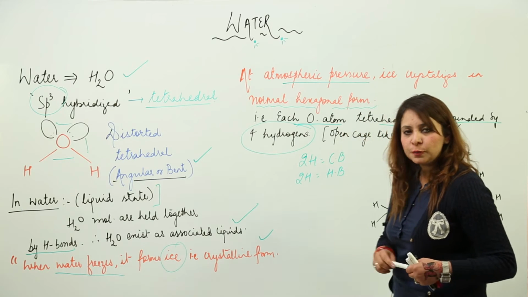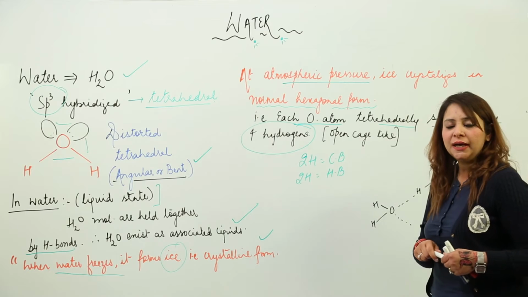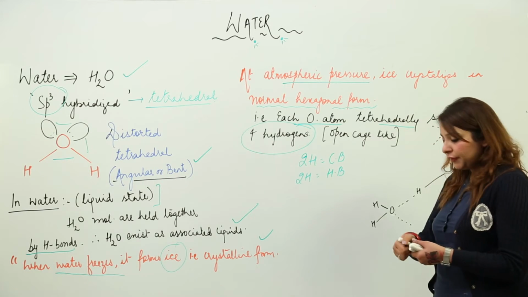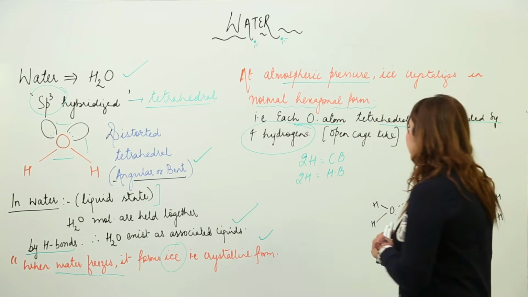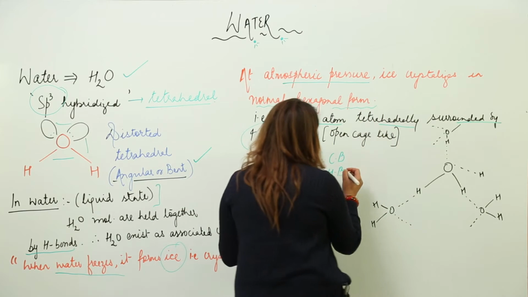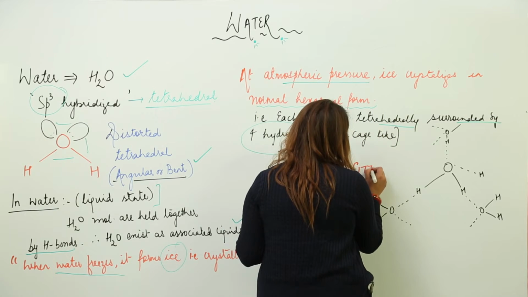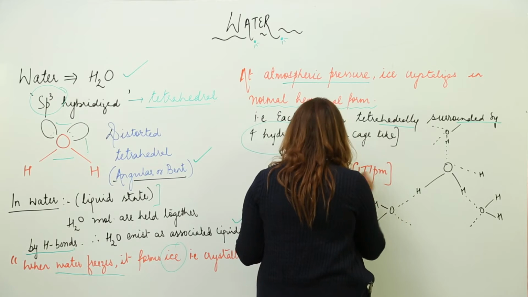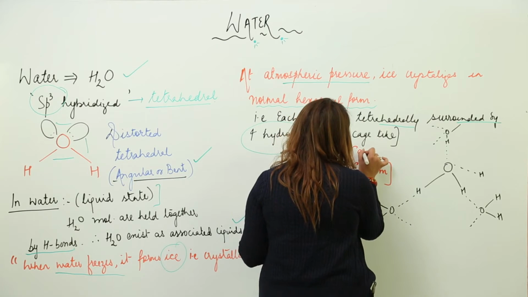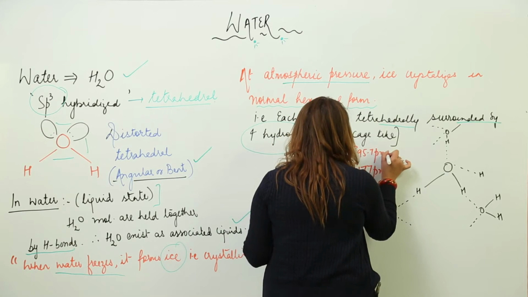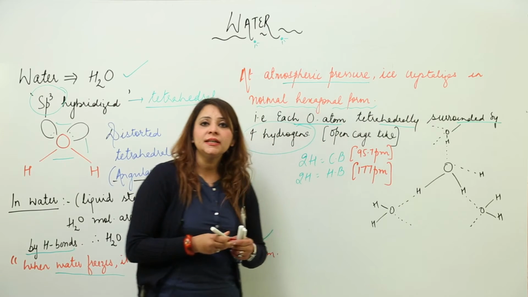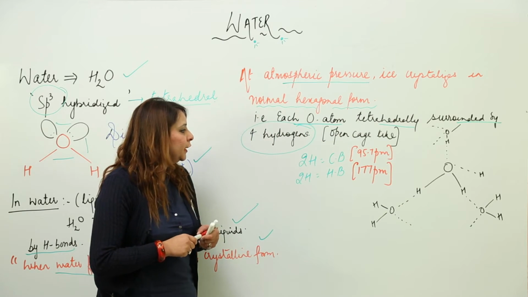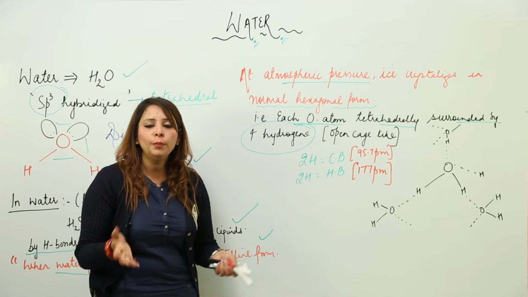And if we talk about the bond length, the bond length in hydrogen bonding is around 177 picometer, and in covalent bonding it is 95.7 picometer. So as you can see, the bond length of the hydrogen bond is much more.